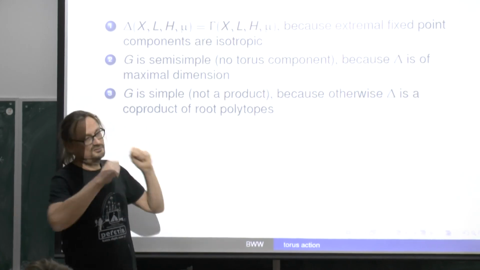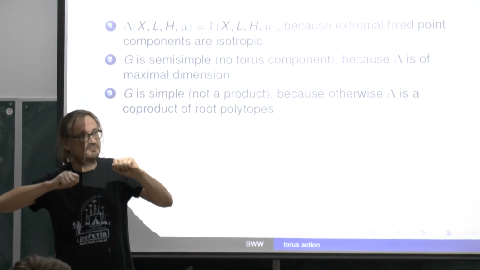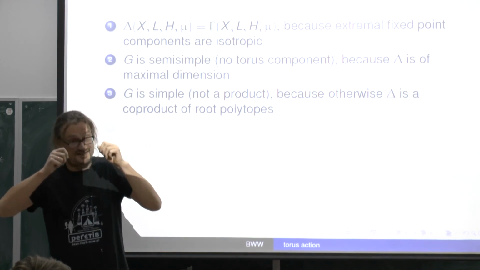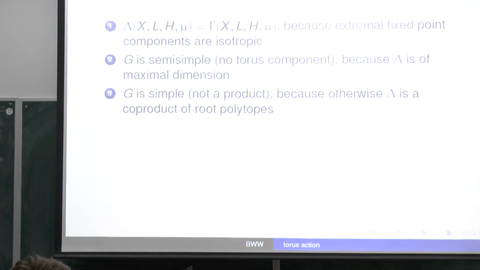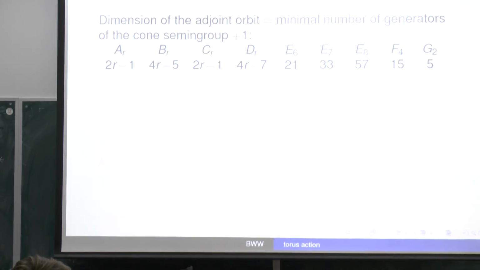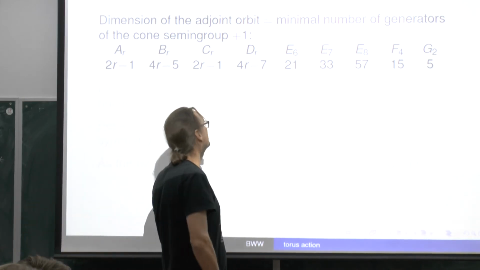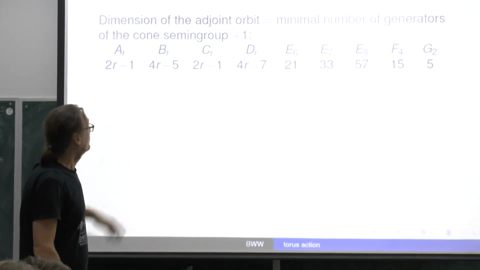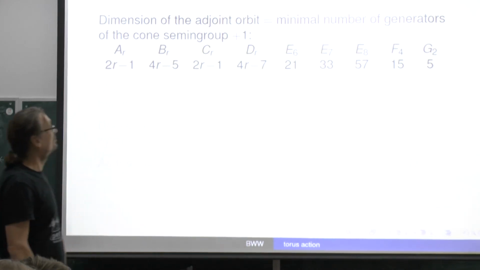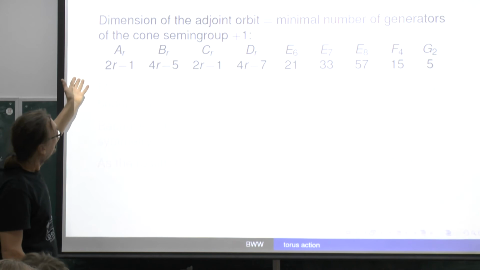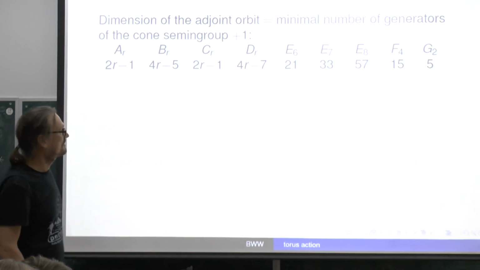I don't want to get into the details, but essentially we reduce to the simple case, and then we have the case-by-case analysis, and I try to tell you why this is the case. Okay, so here is the dimension of the adjoint orbit for each of these groups, right?